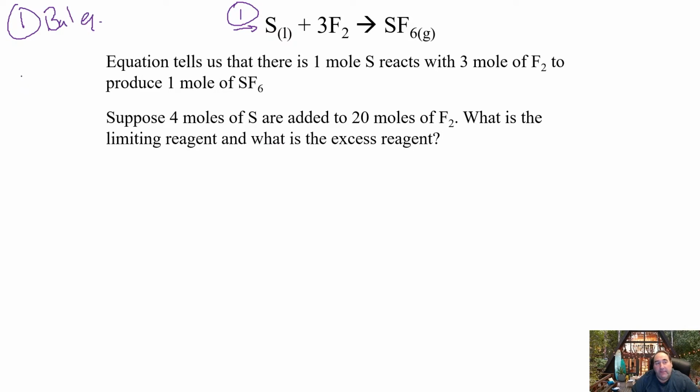The next thing we want to do is convert to moles. In this example, we're going to assume that we're starting with 4 moles of S and 20 moles of F2. So I'm just going to rewrite this equation down here.